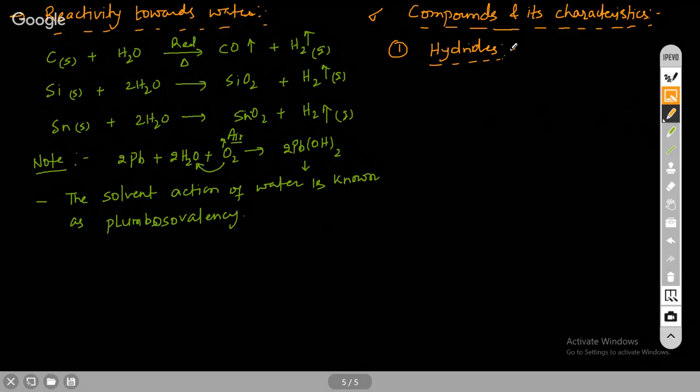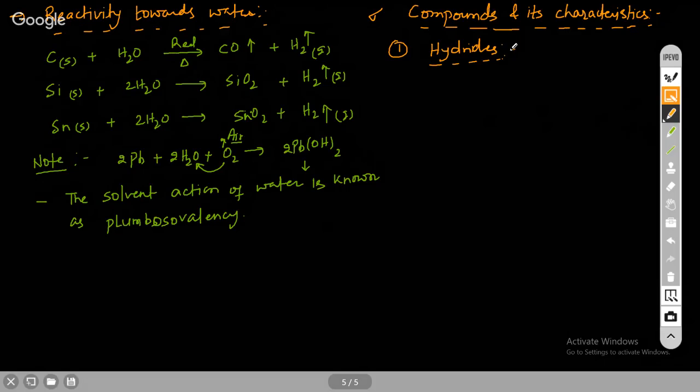Write down a few points: germanium hydrides are straight chain compounds.